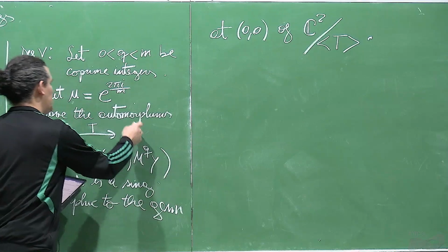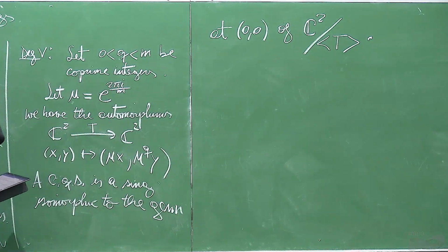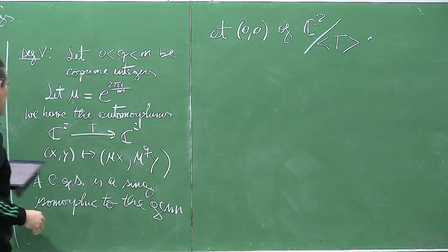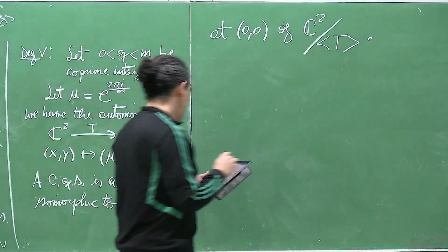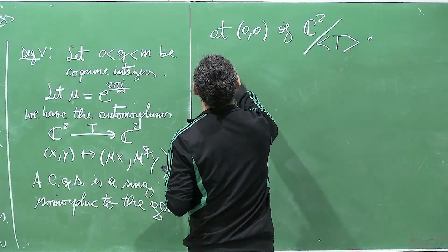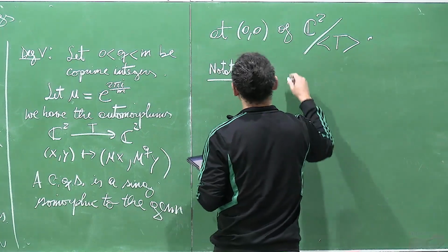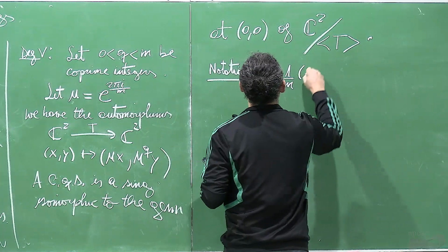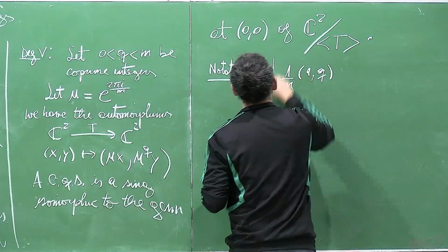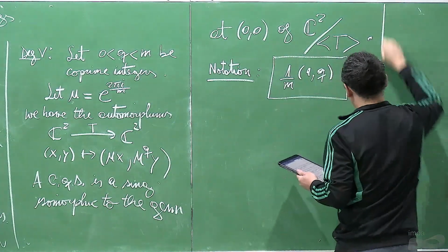But when the dimension is 2 or more, then you get singularities. And this is dimension 2. The notation will be 1 over m, (1, q). So you will see this notation everywhere in this talk.